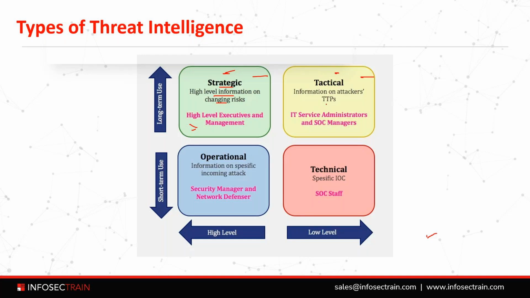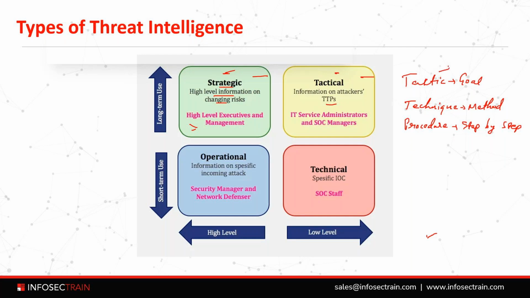Tactical, on the other hand, gives the tactics, techniques, and procedures. Tactic, as I mentioned, is the goal which you want to achieve. Technique is how you are going to achieve that, the method, and procedure is the step-by-step approach.